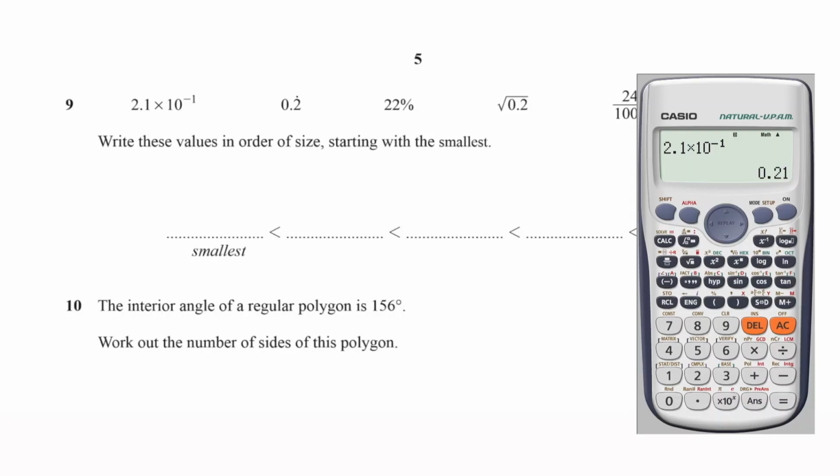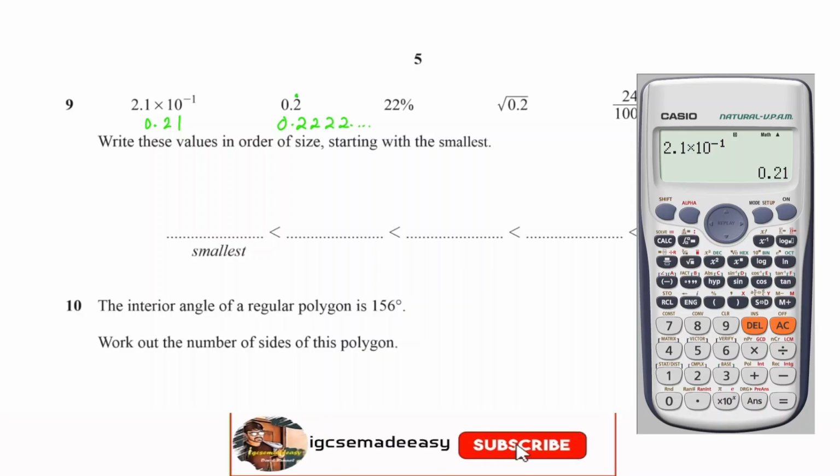So I'll write there 0.21, and for the second case, this indicates there is a dot over the 2. It means that this 2 is being repeated endlessly. It's called recurring decimals, so this 2 is repeated endlessly, and it goes on like that.